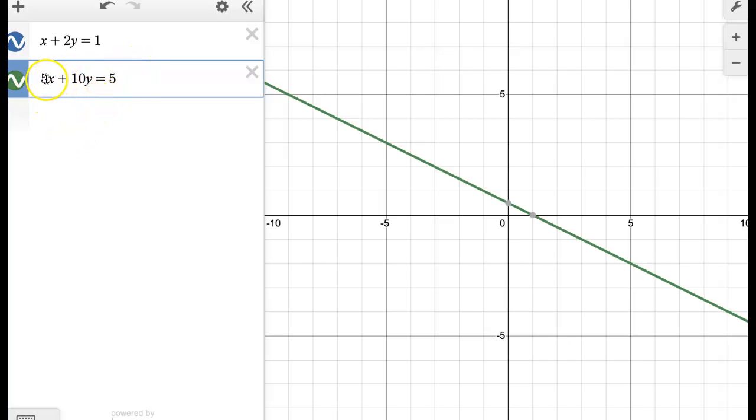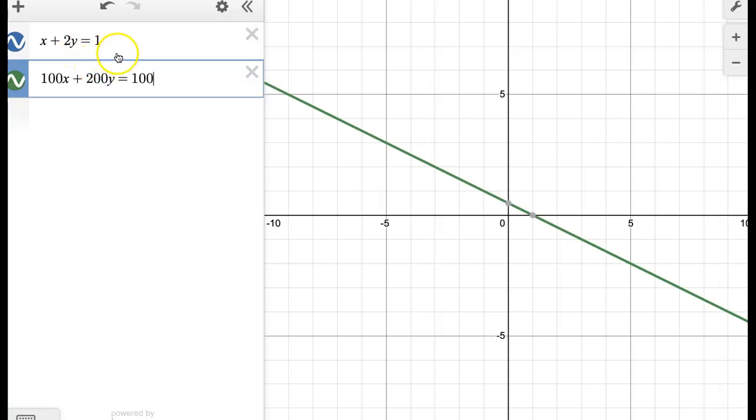I'm going to multiply by 100. So I have 100x plus 200y equals 100. Look at that. Same line. So if you multiply any equation by the same constant number on both sides, you end up with the same line.